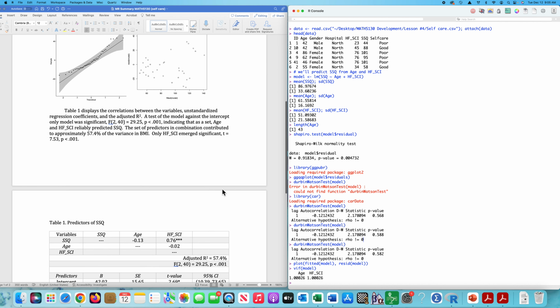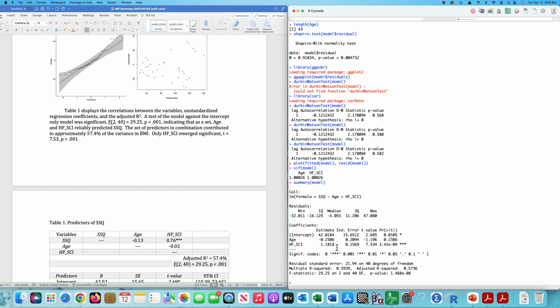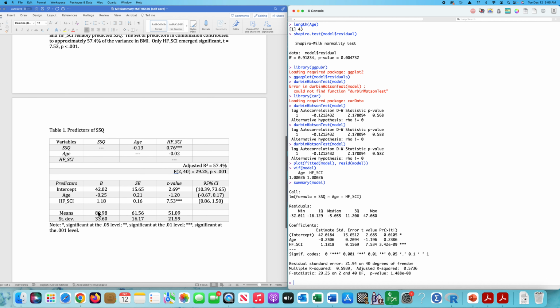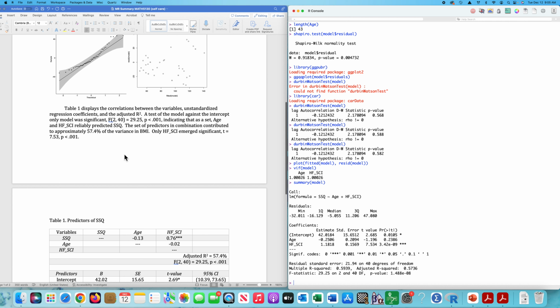Now we get into the narrative of the model. So I can run summary of the model, and I can see that I get the following information. So table 1, which I have a lot going on down here that I'll explain to you in just a second. The first thing I run is the model diagnostic.